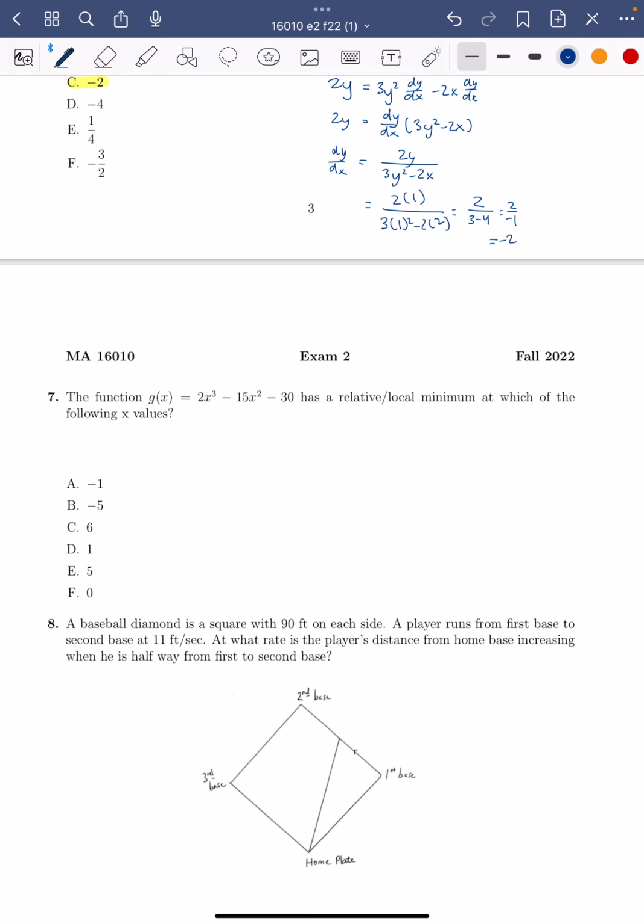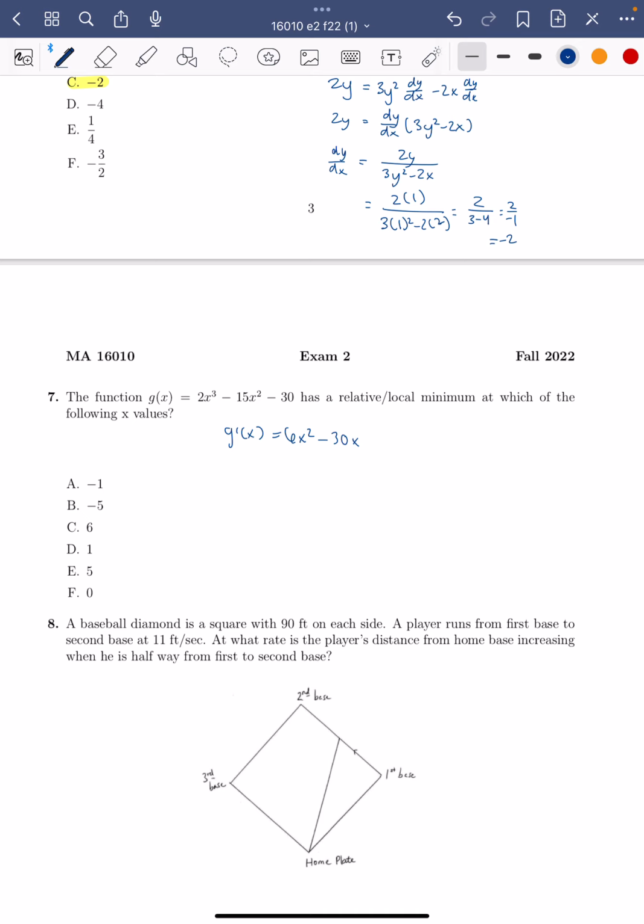So we have to first start by finding the critical numbers from the first derivative and then plugging them into the second derivative to find the concavity. So let's go ahead and find the first derivative. g prime of x equals the derivative of 2x cubed, which is 6x squared, minus the derivative of 15x squared, which is 30x, and then the derivative of negative 30 is 0.